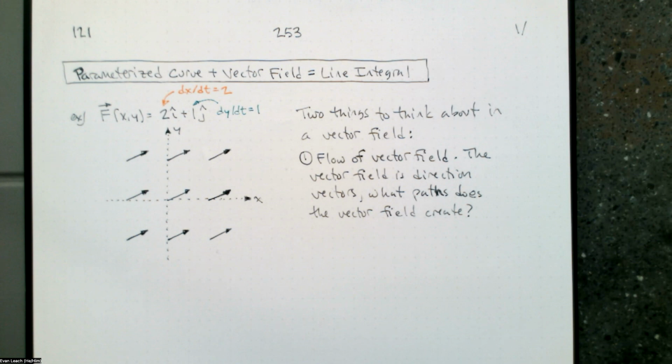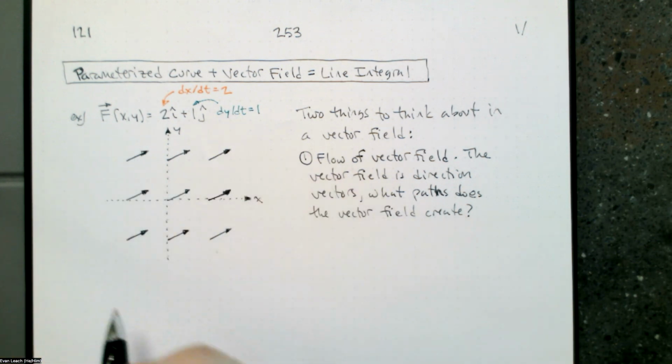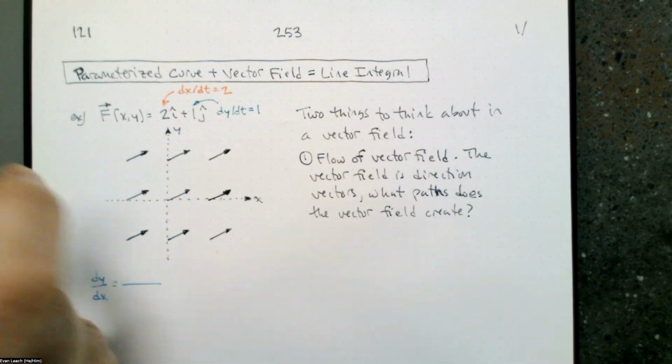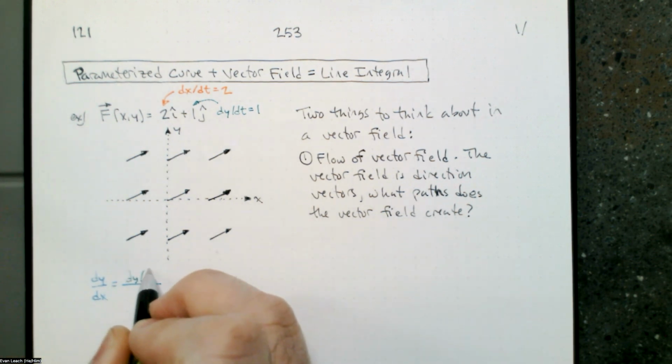Then if we combine these into a dy/dx to see what kind of curve we're looking at in the xy plane, we can see that dy/dx will just be dy/dt divided by dx/dt.